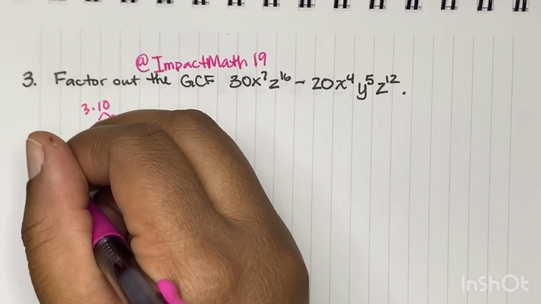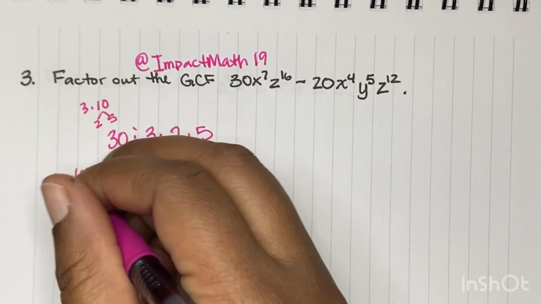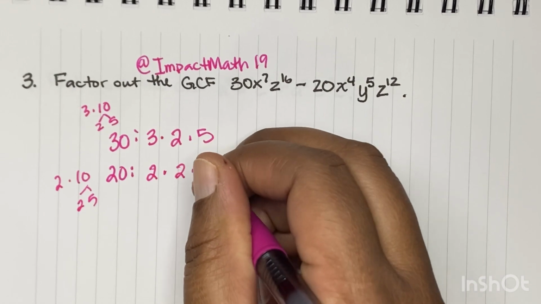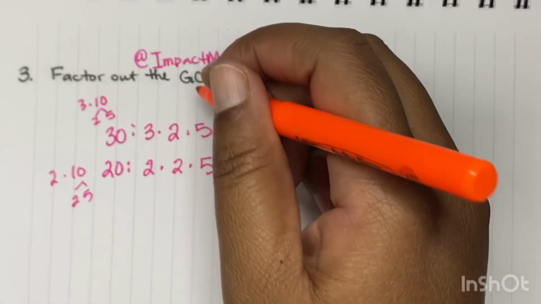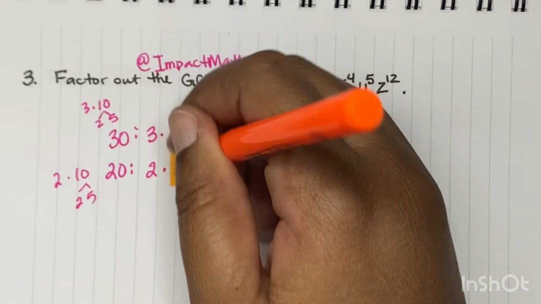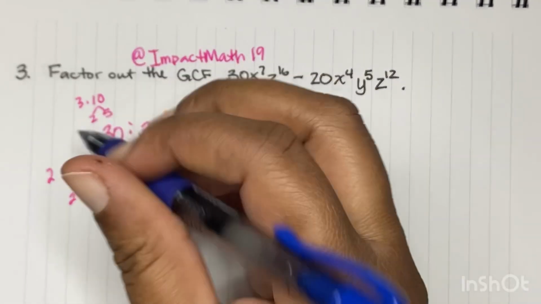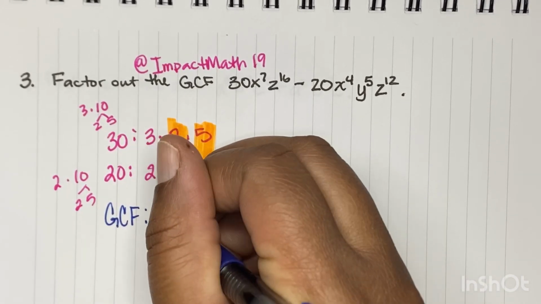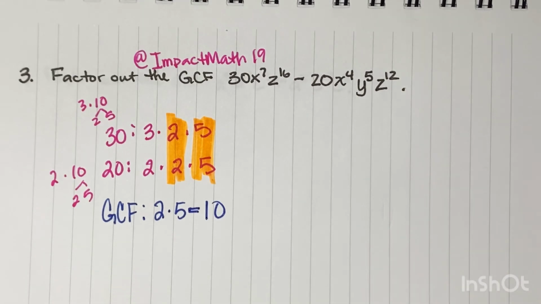Here we would do 2 times 10, so we have a 2 times, and then again 2 times 5. So whenever we're looking for the greatest common factor, we're looking at what do these have in common. So they have a 5 in common, and they have a 2 in common. So our greatest common factor for the numbers, our GCF, would be 2 times 5, which would equal 10, okay?